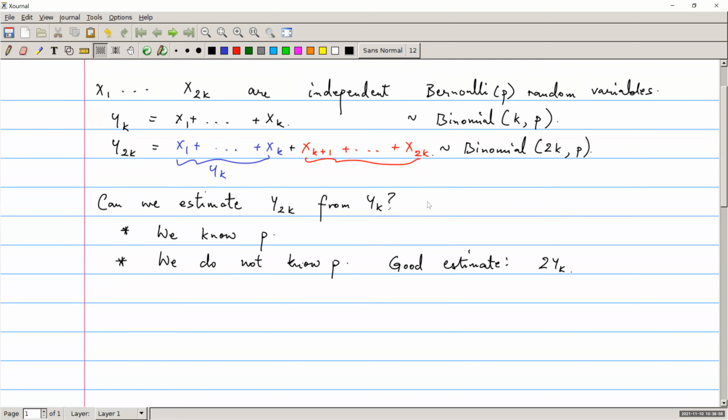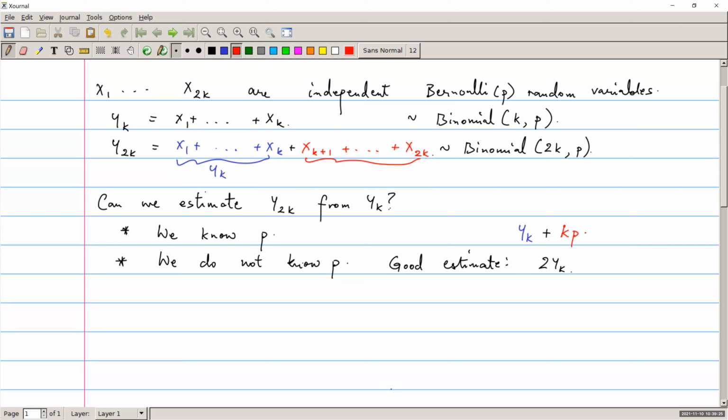Now what we are going to do is use what we have seen for the part we have seen. And the part that we haven't seen, the red part, X(k+1) through X2k, we want to represent with one number. We are going to use the expectation, and the expectation is k times p.